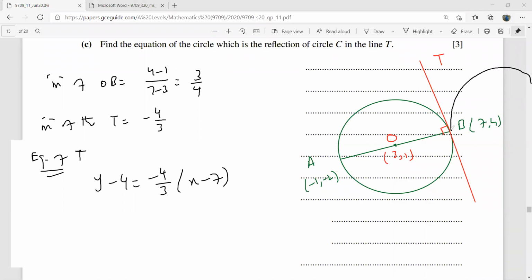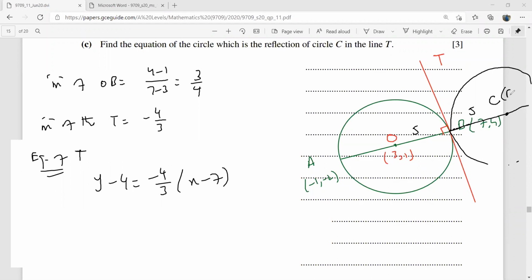If I just extend this and call this point C over here, can we say that this B is the midpoint of O and C? Because it is the line of reflection, and both of them will have the same radius. The radius will be the same because he's testing your reflection knowledge.